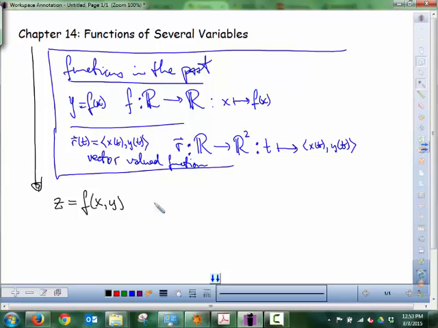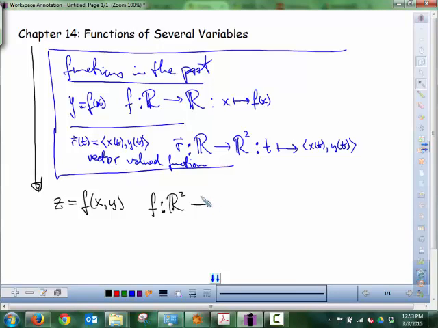And what we have here in this case is we take our f function, and then our input would be, well, you can look at it either as points or vectors, but regardless of how you look at it, it's something that comes from 2 dimensions or 3 dimensions.